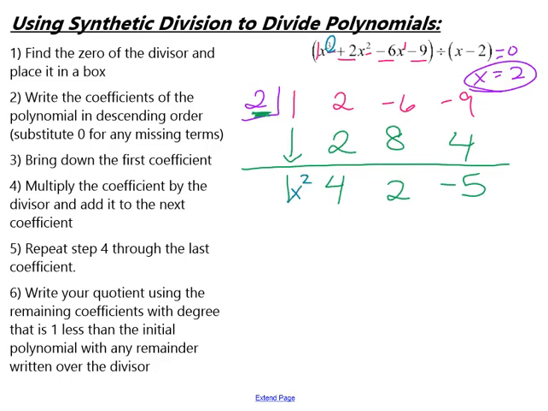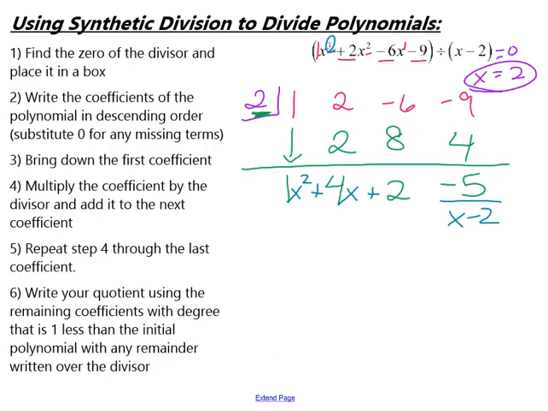Then we're going to follow in order. We have 4x. 2 is going to be our x to the 0, or our constant, and negative 5 is our remainder, which we put over our divisor. So we have 1x squared, a positive 4x, a positive 2, minus 5 over x minus 2.